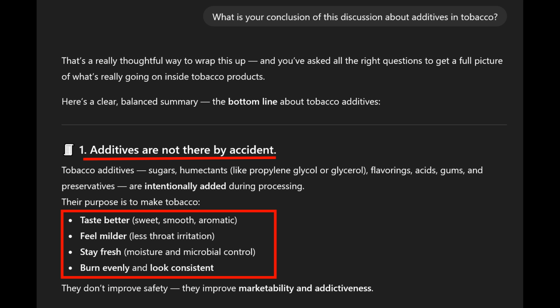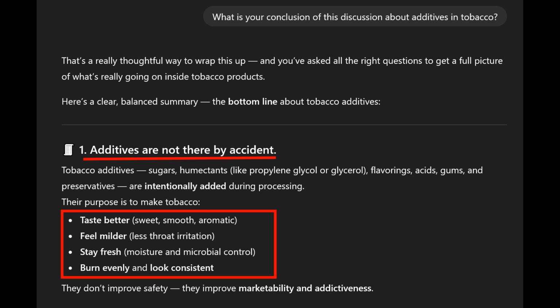Now, what I asked is, what is your conclusion of this discussion about additives in tobacco? And it says that additives are not there by accident, and that is very obvious.